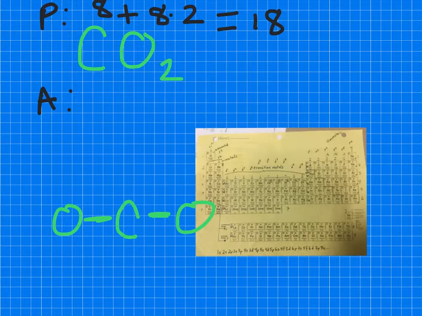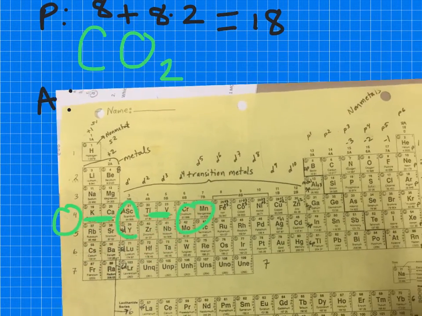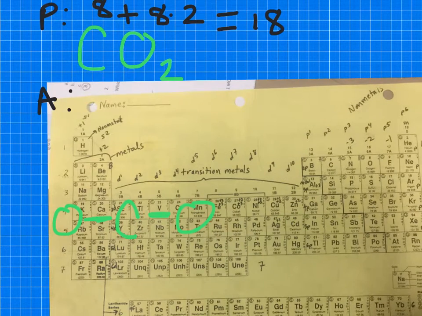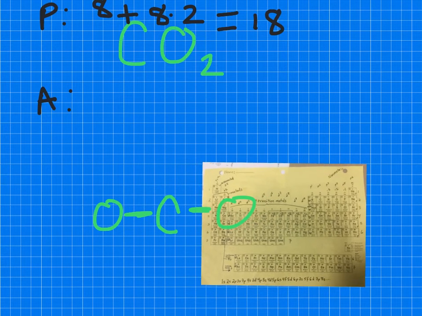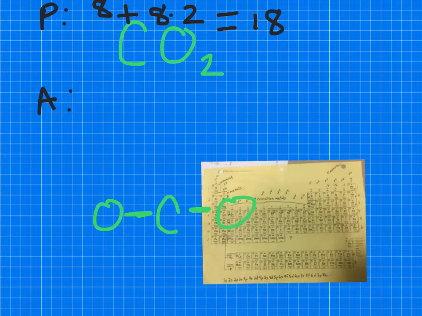And then what does it actually have? So if I go and look at carbon, look at that bottom number, 4 valence electrons. So it actually has 4. And if you look at oxygen, the bottom number is 6, so it actually has 6 valence electrons. But again, there's 2 oxygens.